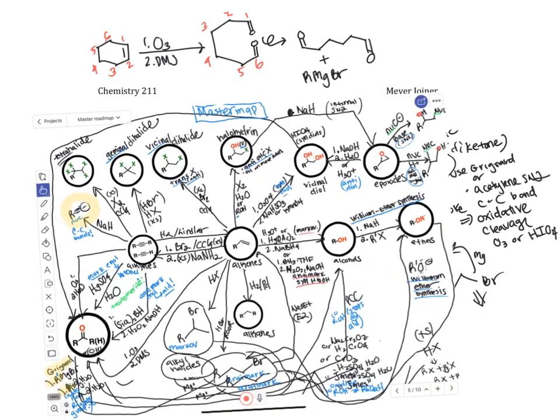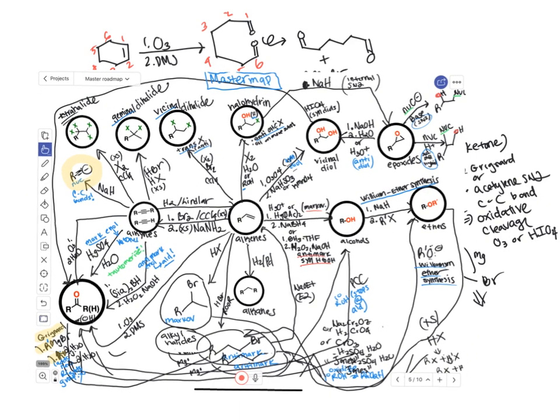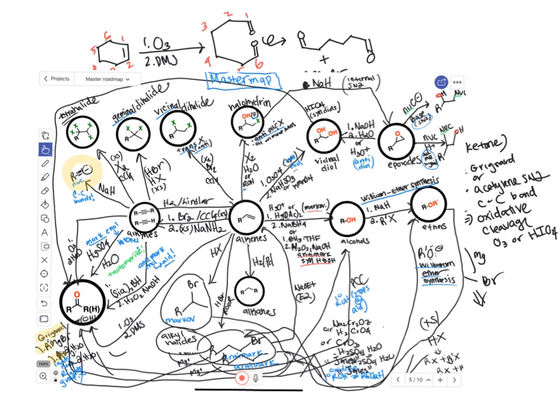So our roadmap would tell us, okay, monohalogenated alkyl halide. We can ultimately get there from an alkyne, but there's no direct path. So notice that there's not an arrow this way to the alkyl halides. So we go alkene, then HX. That's monohalogenated alkane, excuse me.